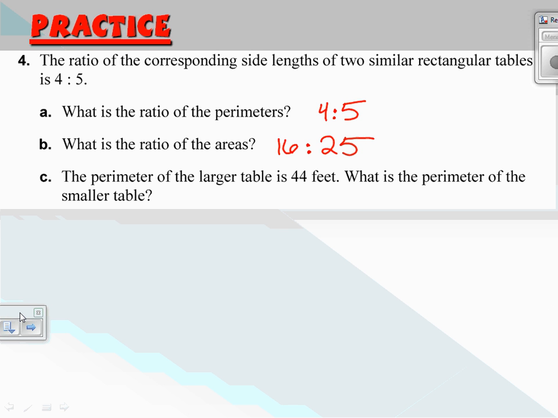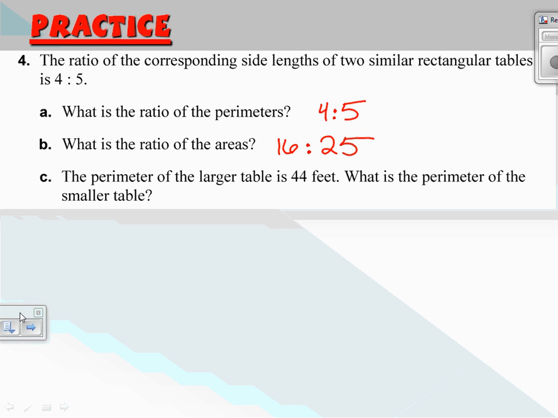Letter C. It says this. This is where you guys have to pay very, very close attention. It says this. The perimeter of the larger table is 44. What is the perimeter of the smaller table? Well, first of all, what's the ratio of the sides?